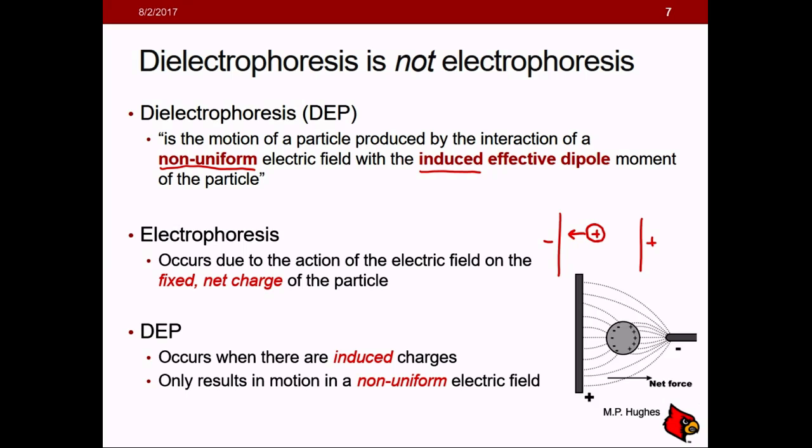So in dielectrophoresis, you have an induced dipole, the net dipole within your system, and there is a non-uniform field. In brief, we'll have some illustrations later, but in brief, you have your net dipole, I'll draw this net dipole, and then the electric field on the right side of the particle is greater than the electric field on the left side, which is weaker.